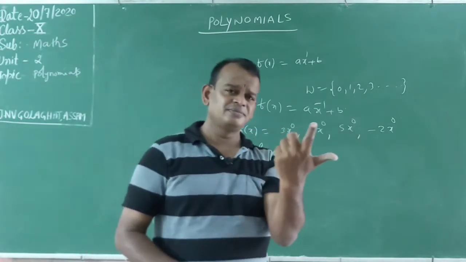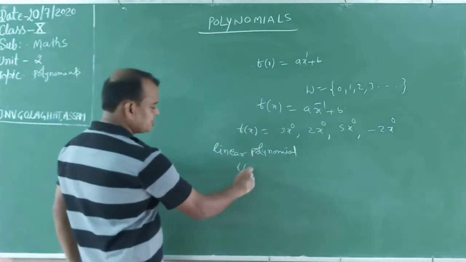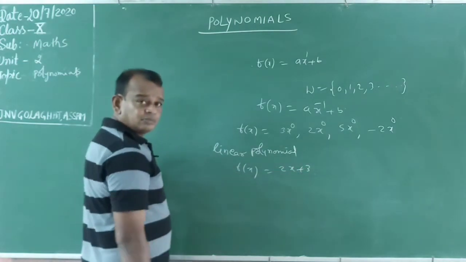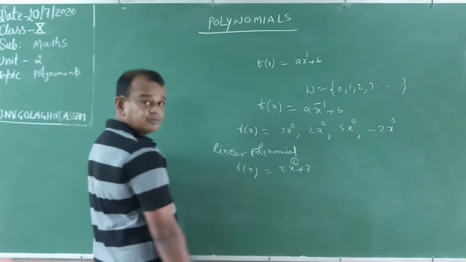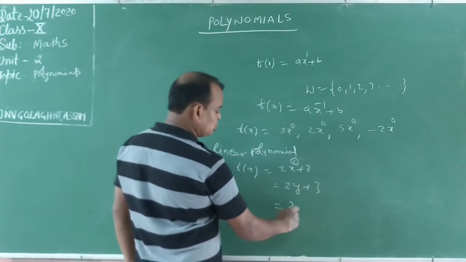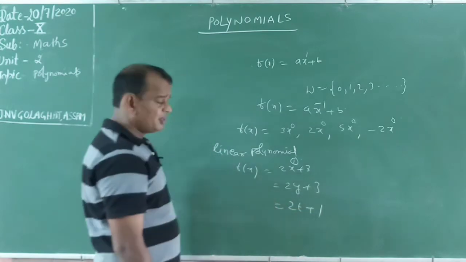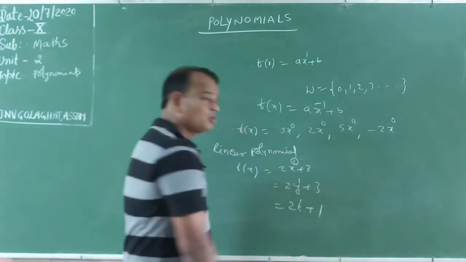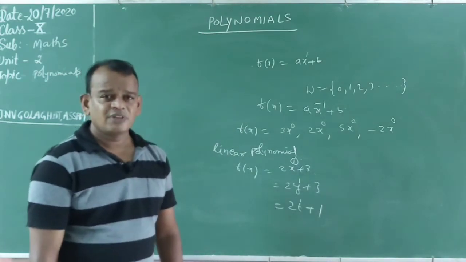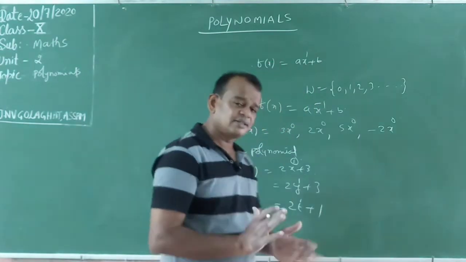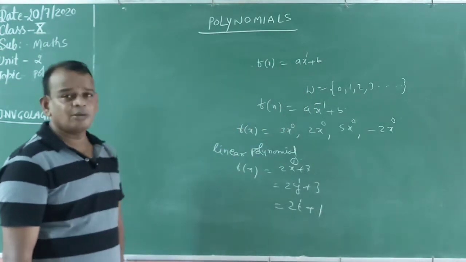For example, f(x) = 2x + 3, highest power is 1. Or 2y + 3, or 2t + 1, whatever it may be. In one y is the variable, in another t is the variable. Understood? This is the linear polynomial.